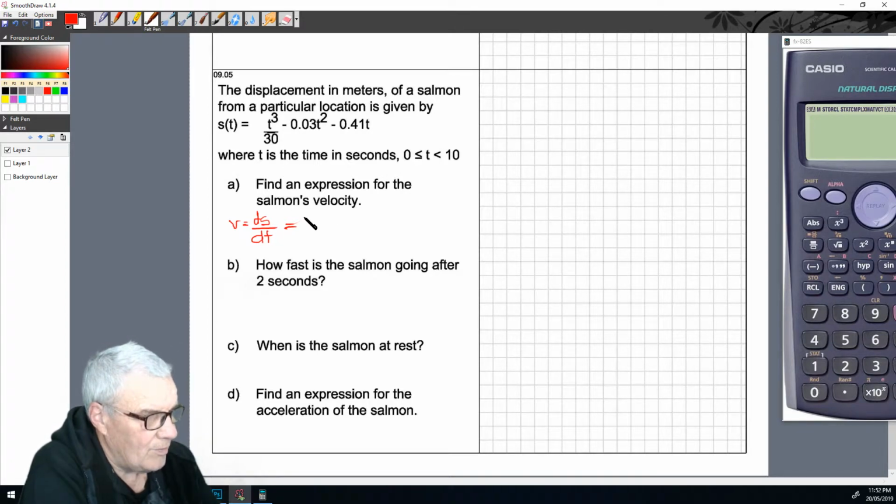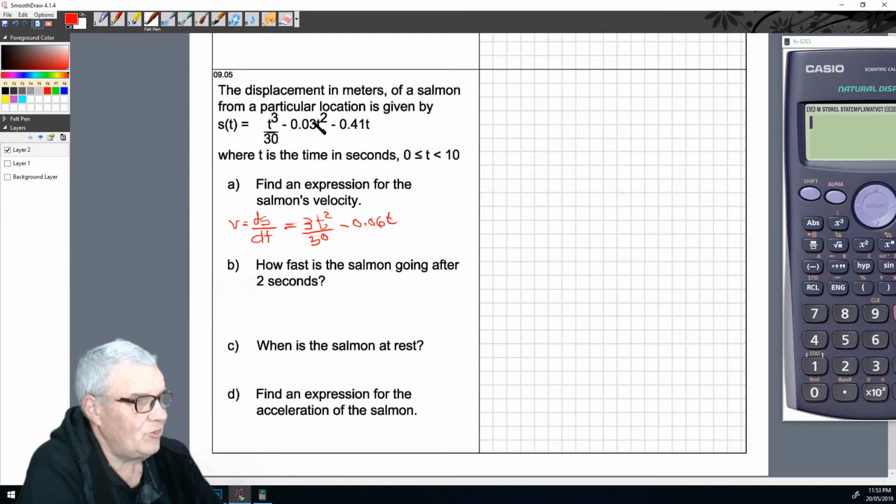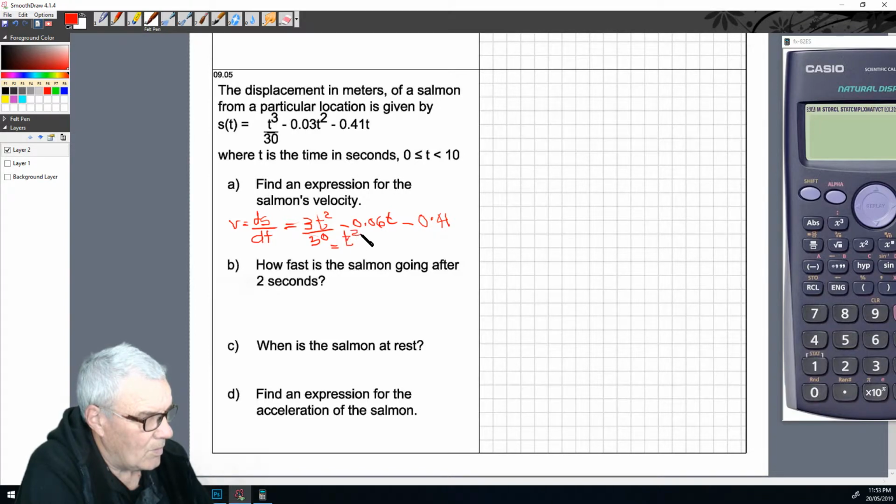So we're going to go 3t squared over 30 minus 0.06 t, 2 times 0.3, take it down, minus 0.41, which can be written as 3 over 30, which is t squared over 10 minus 0.06 t minus 0.41.